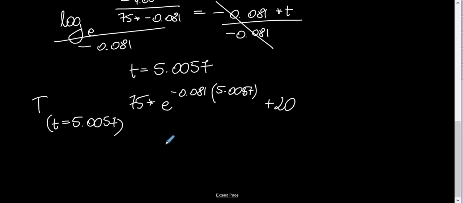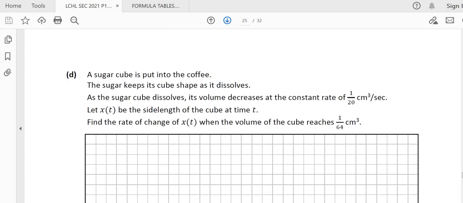So 70. The temperature is 70. That is the temperature when the rate of cooling is minus 405 minutes per degree. Okay, let's have a look at the next part of this question.